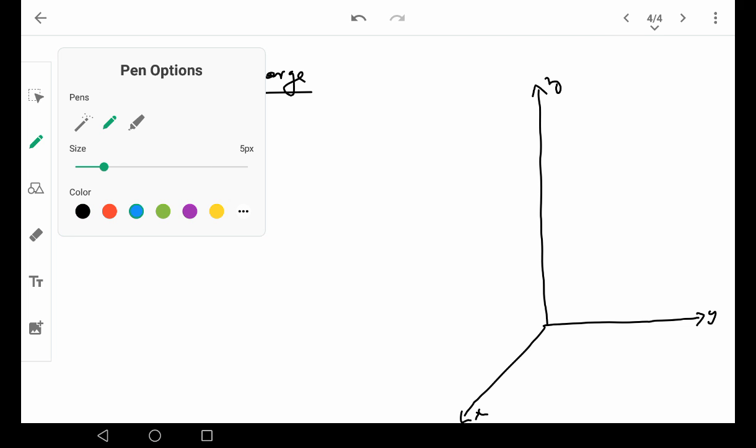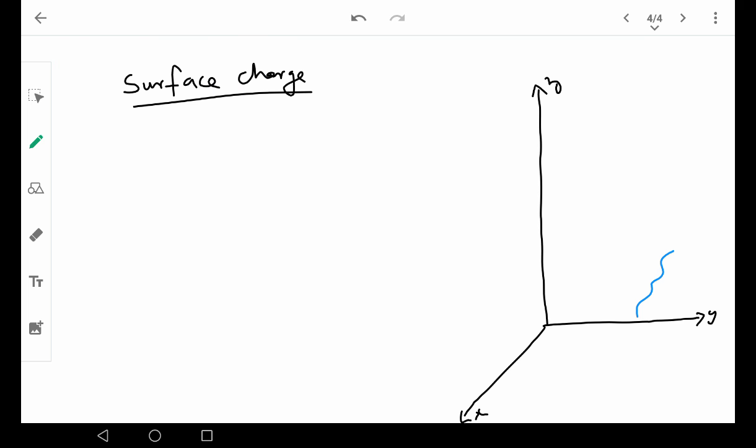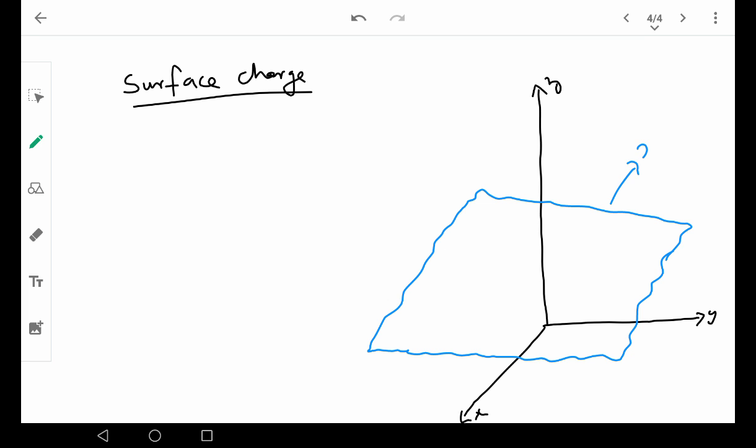I have a surface like this, and I assume that this surface is in the XY plane. The charge density is given by rho s coulombs per meter square.